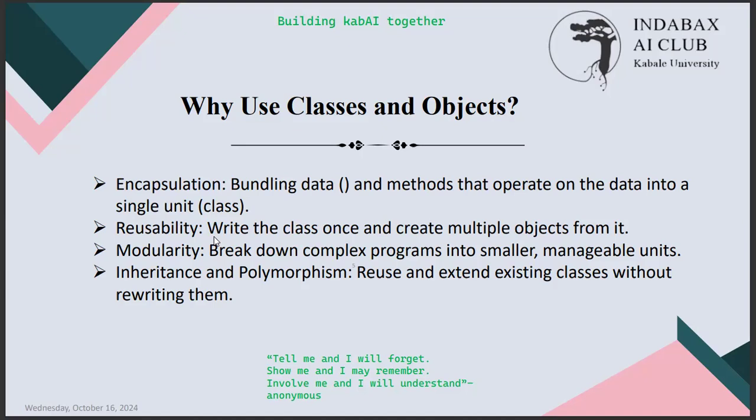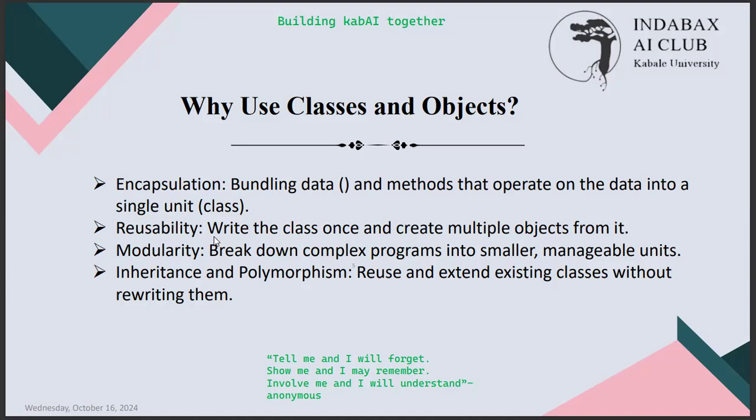You will create one class animal, and then you create several animals from it. You create a dog, you create a cat, you create a lion, instead of having to create all these animals independently. Then modularity, you break down complex programs into smaller manageable units.